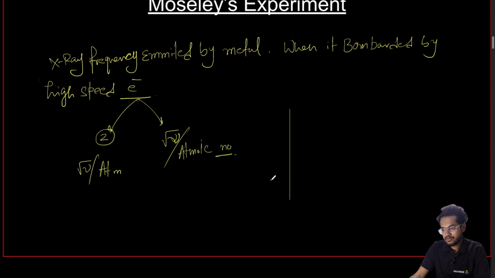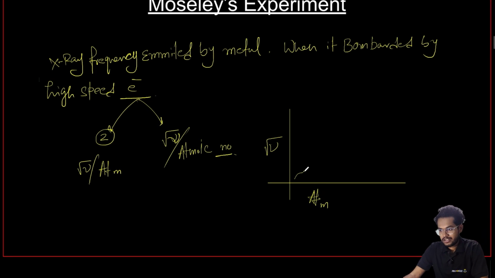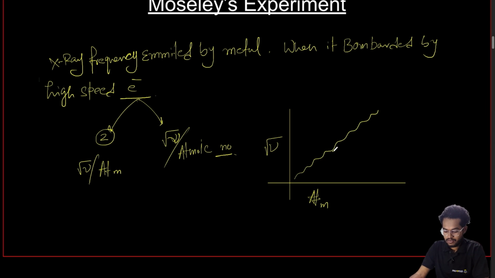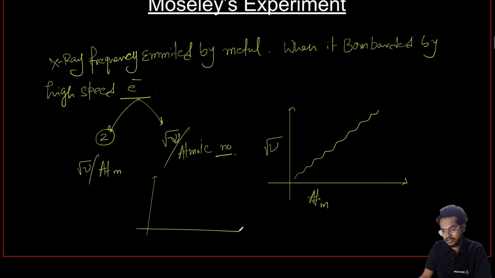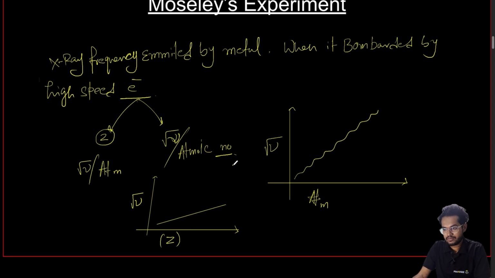This plot looks like this, this is your axis, this is your first plot, and the second plot looks slanted like this, this is the root of frequency, and this is the atomic number, which we indicate as Z. These are the two plots he provided to us.